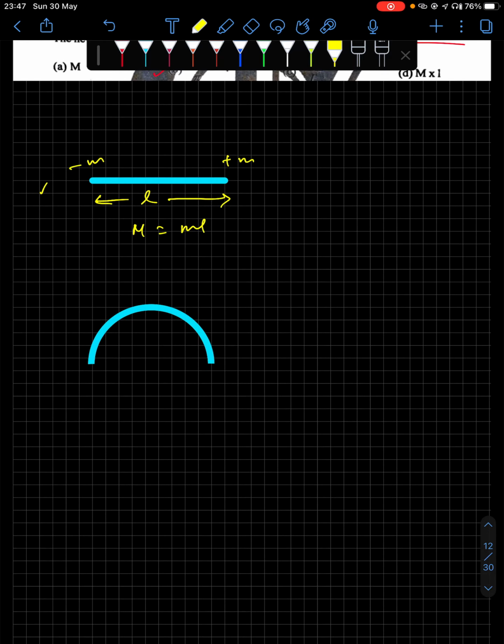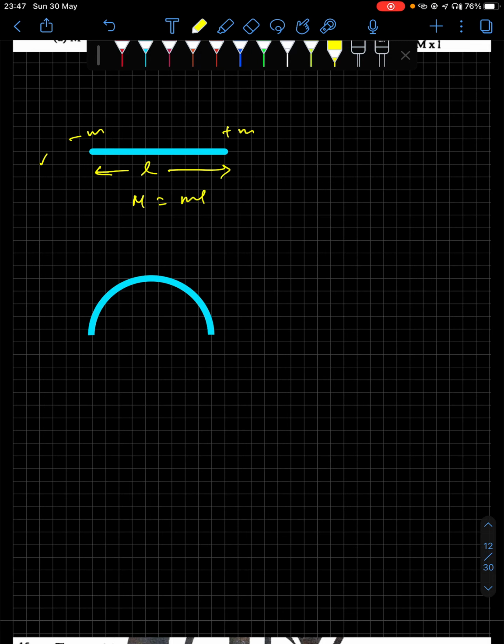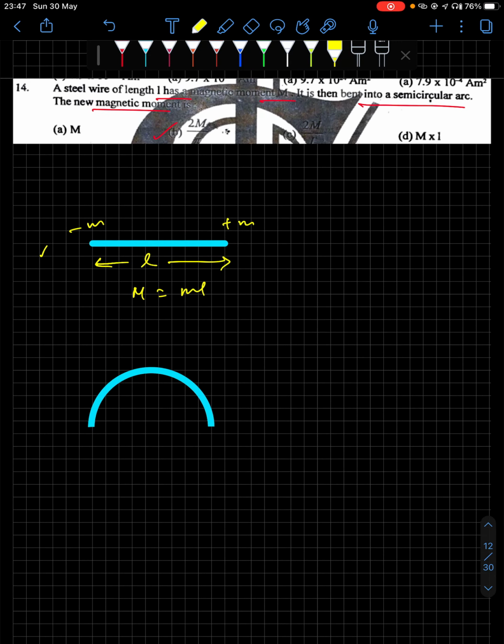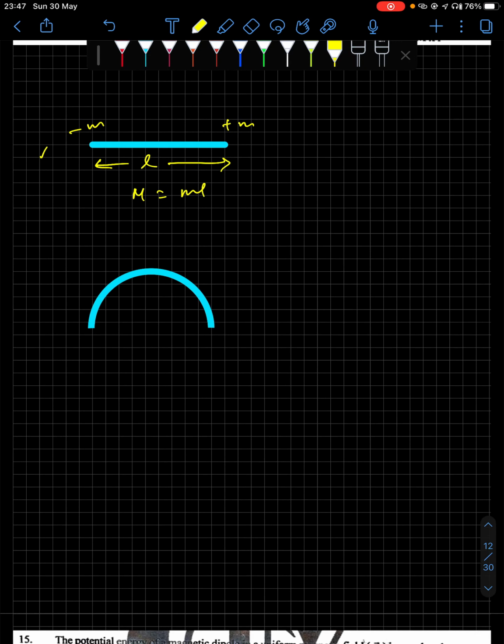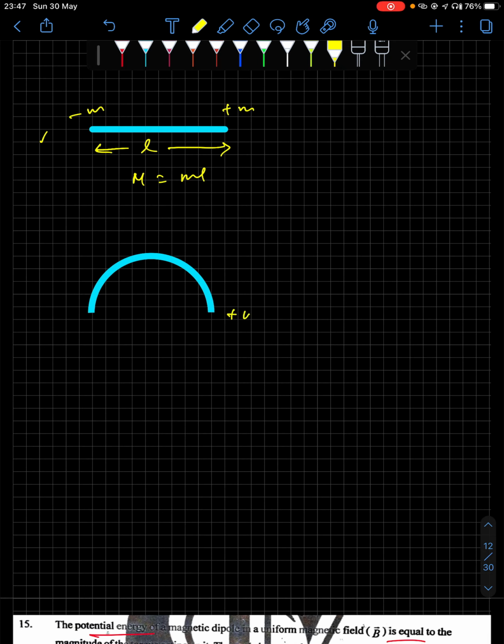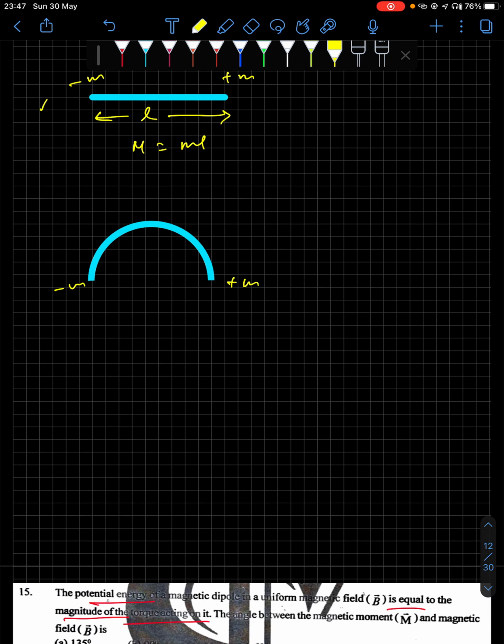Now when you bend it in the form of a semicircular arc, again these are the pole strengths. Now the distance between the poles, because your magnetic moment relation is pole strength multiplied by distance between the poles, here the distance between the poles is twice r.